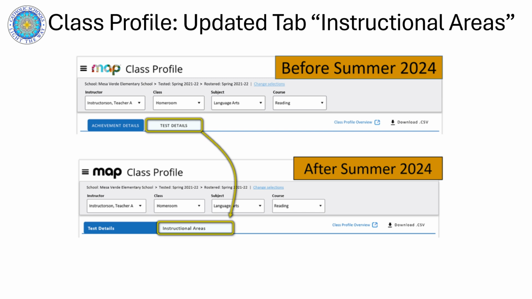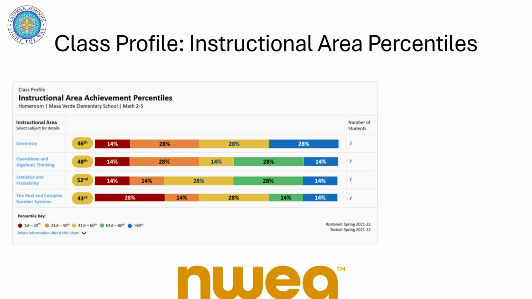We are next going to look at the Instructional Areas tab, again previously called Test Details. The data points that we will look at for the Instructional Areas tab are involving math for grades 2 to 5.